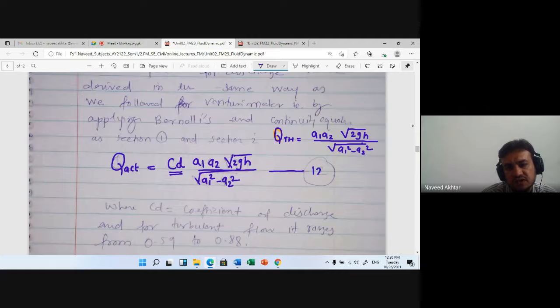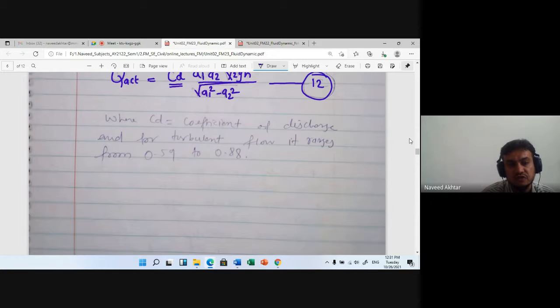You can write this as equation number 12. Here CD is nothing but the coefficient of discharge.